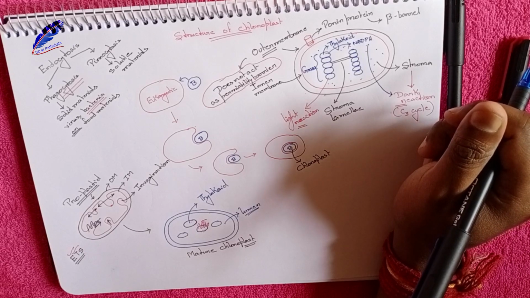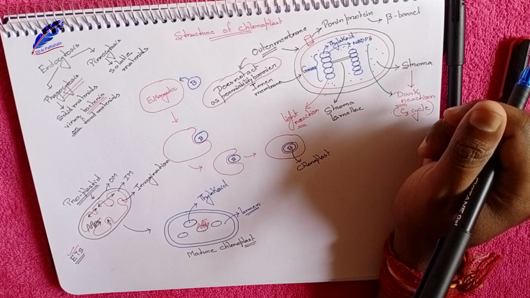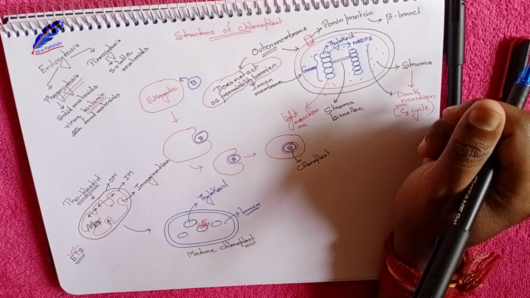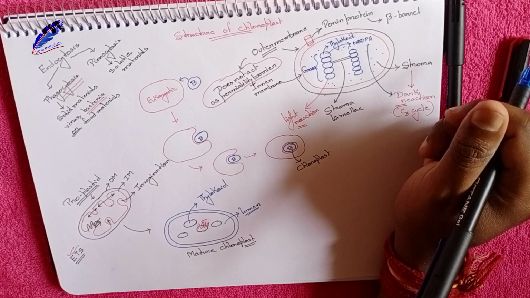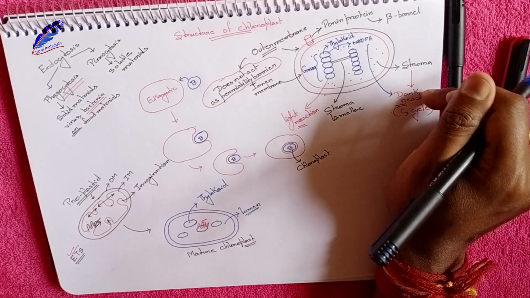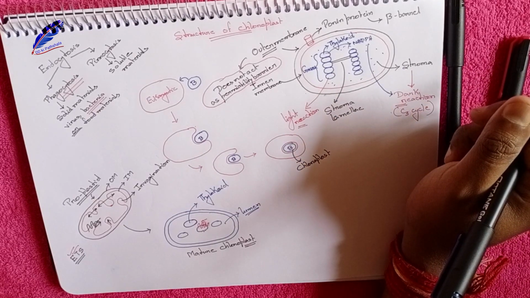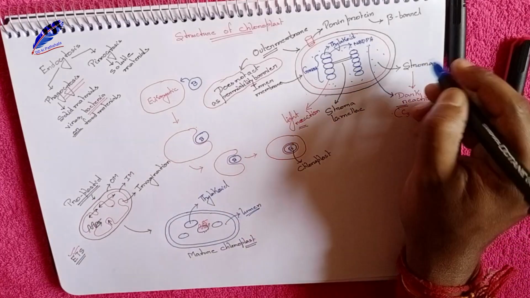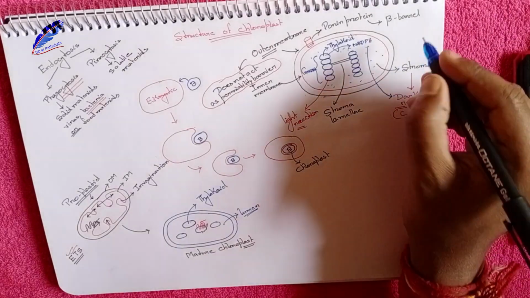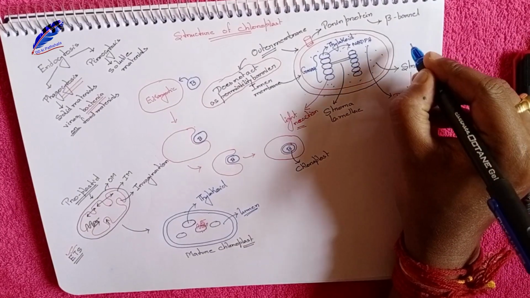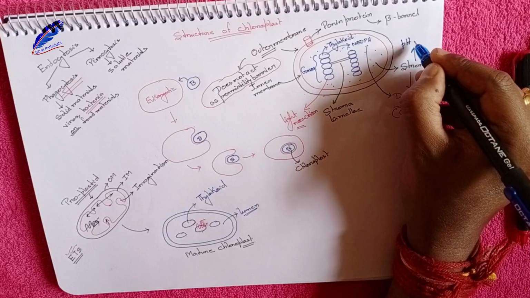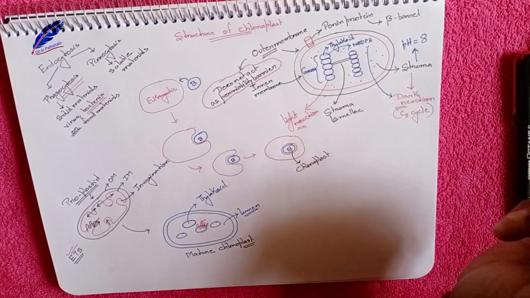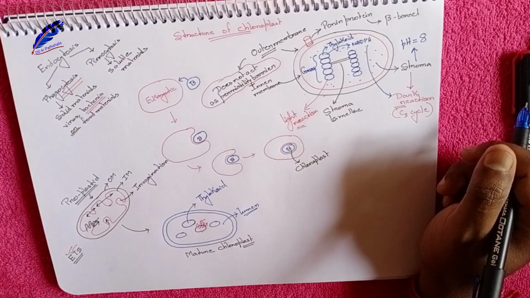Besides this, for activating the enzymes of the dark reaction, the pH of the stroma should remain in the alkaline range, that is pH 8.